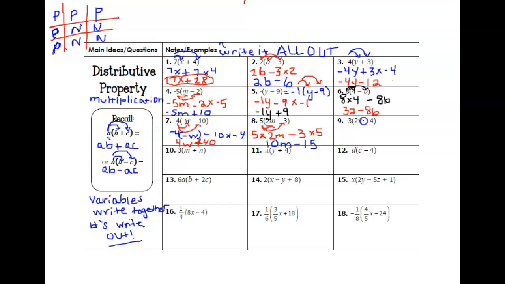Negative 3 times 2x minus 4. Again, we're writing it out. Even though it's a variable there, because that number's there, we gotta write it out. So I'm going to say this is negative 3 times 2x, and then I'll have minus 4 times negative 3.